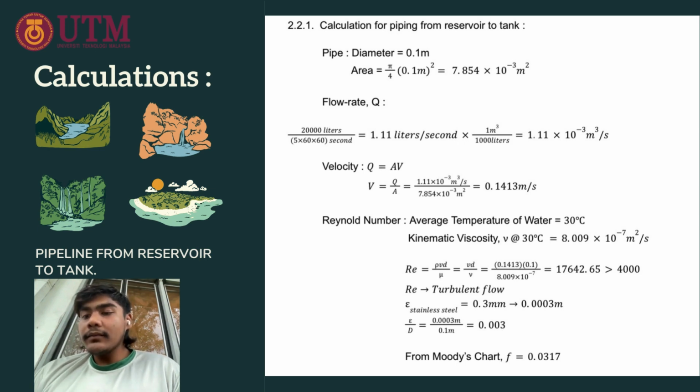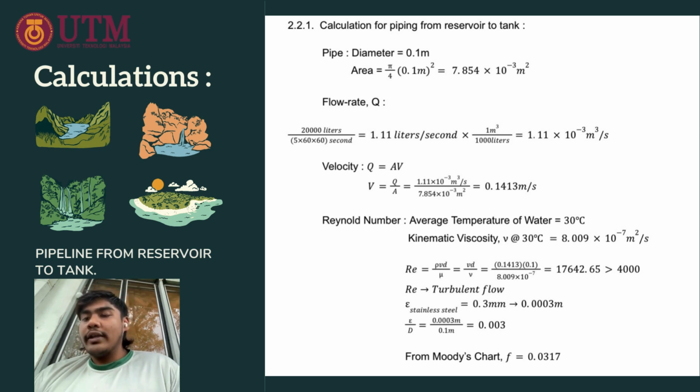Then we take the epsilon for the stainless steel, our equivalent roughness for the stainless steel, we use the epsilon equal to 0.3 millimeter. Then we convert it into the meter, we got 0.0003 meter.